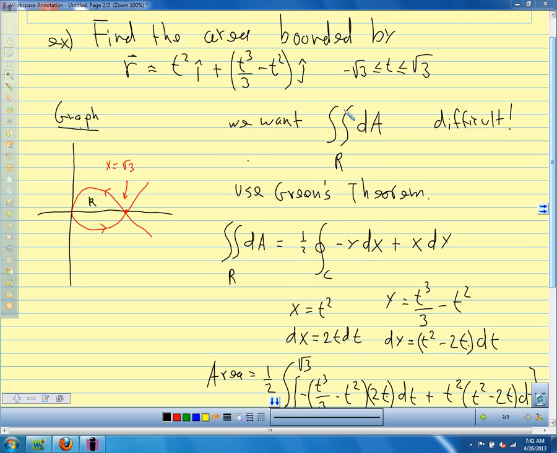So when t equals negative square root of 3, I get t squared, which is 3, and I get square root of 3 over 3, negative square root of 3 over 3, minus 3j.